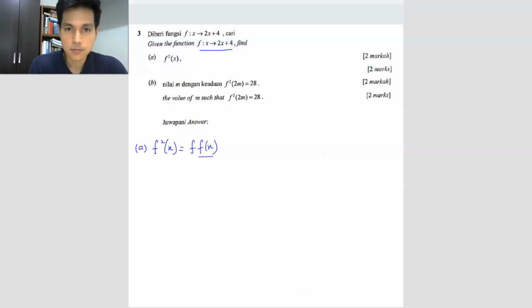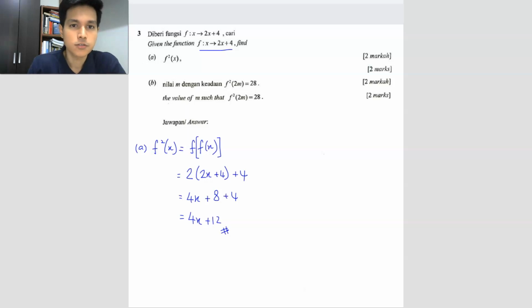So that means you're substituting f(x) back into itself. So it becomes 2x plus 4, but this time the x is f(x), so it's another 2x plus 4. So it becomes 2 times (2x plus 4) plus 4. Okay, so you expand this, you should get 4x plus 8 plus 4, so 4x plus 12.